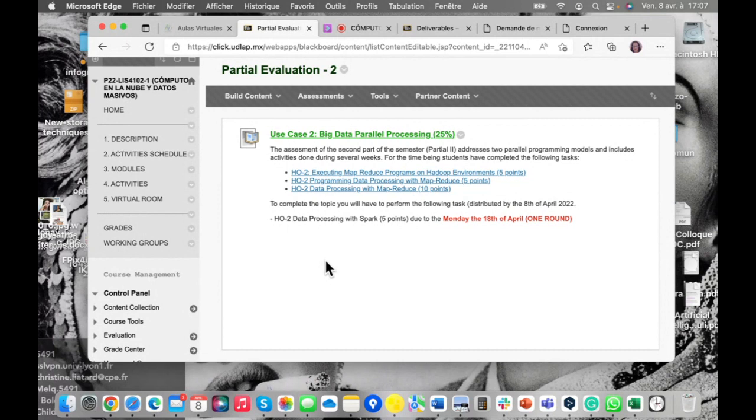You already have done the programming of data processing with MapReduce. You have already done the data processing with MapReduce. So these are all activities that we did together. There was Kahoot, there were other collective activities.